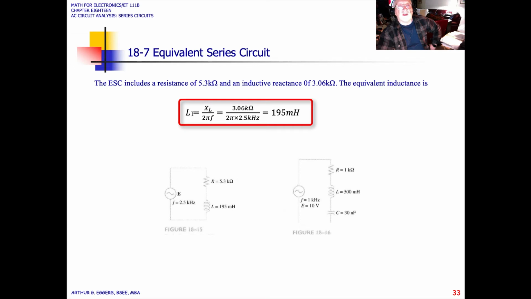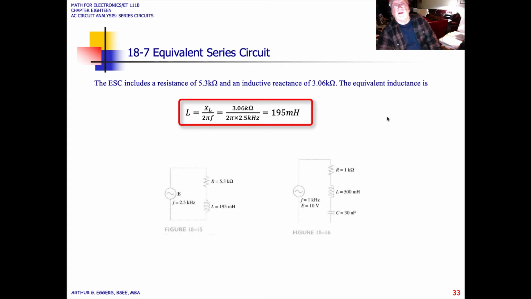We can use the expression for finding X sub L, or using X sub L to find the value for the inductor, in this case in millihenries. So given in a problem where we have a 3.06 k ohm ohmic value for an inductor, I've got all kinds of mistakes here.